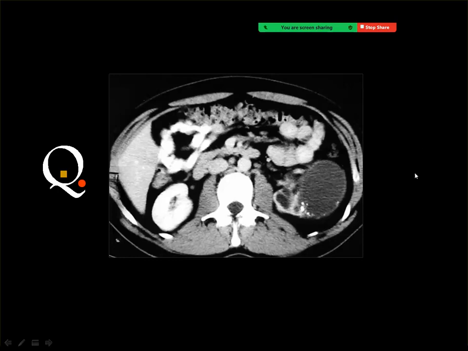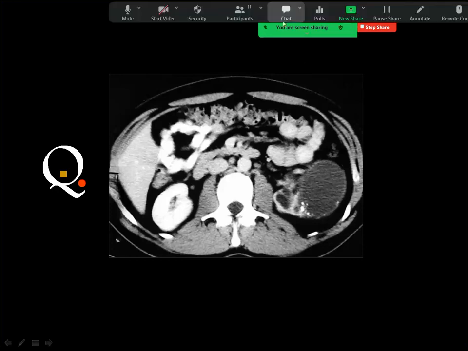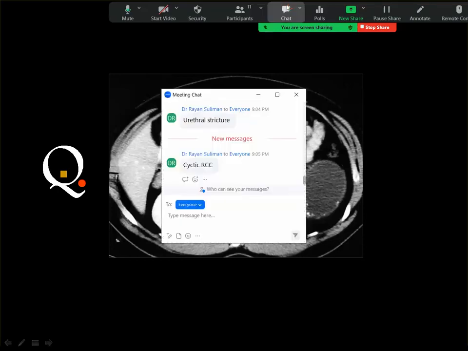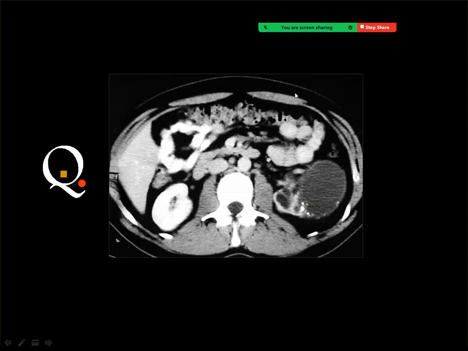The next case is a CT scan post-contrast for the region of the kidneys. Okay, you see that the left kidney is not functioning well, and this is not a cystic renal cell carcinoma.